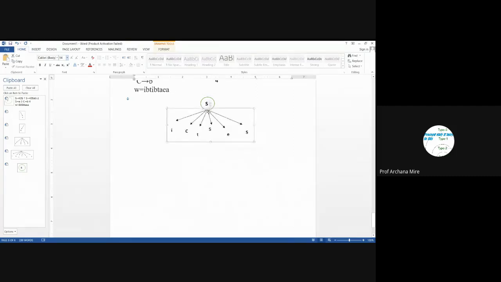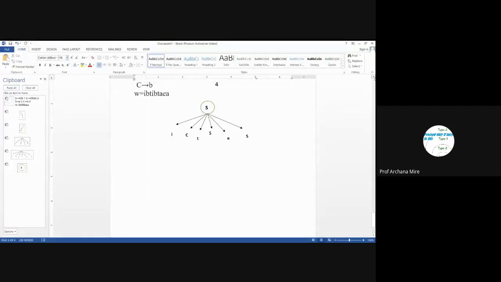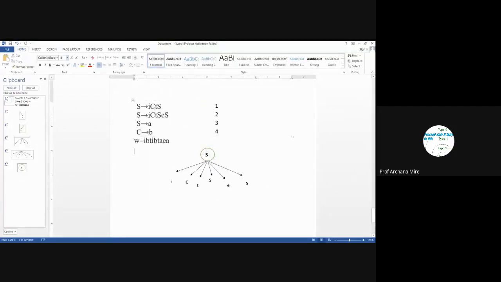And then once again, the same thing, we will be applying the production rule C leads to B, that is production rule number 4. Then not S leads to A, because here we want to generate some more Ts.